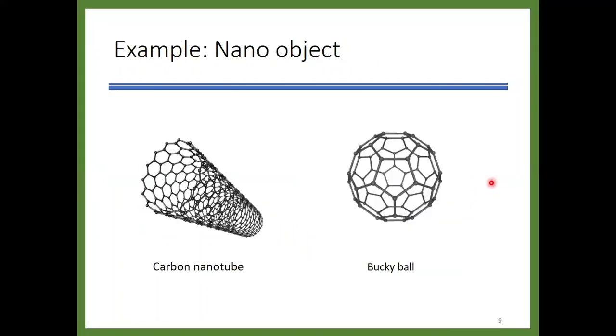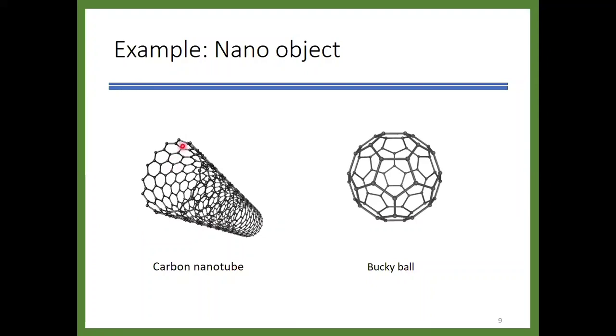Have you heard about carbon nanotubes? I think you have heard. This carbon nanotube is a tubular structure made with carbon atoms. We will be extensively discussing this material later in this lecture. The diameter of carbon nanotubes is usually a few nanometers.